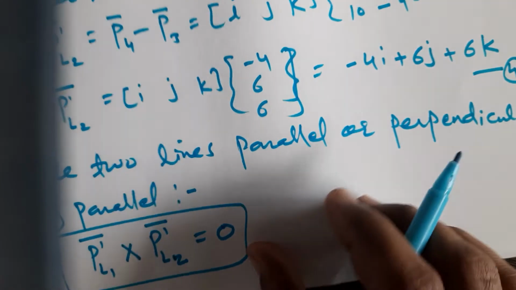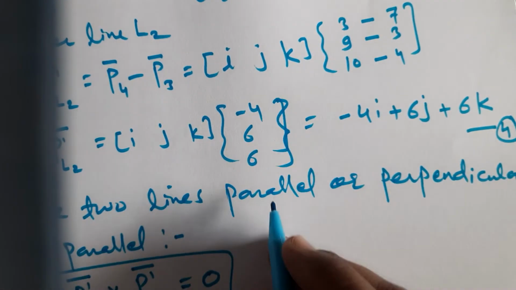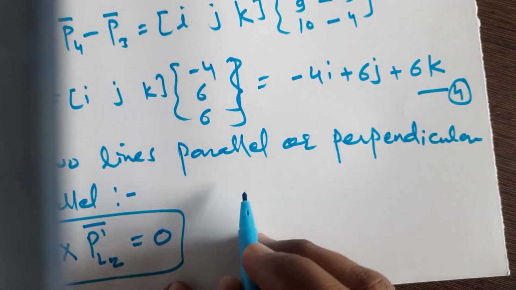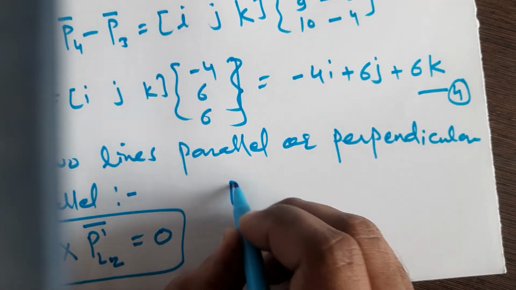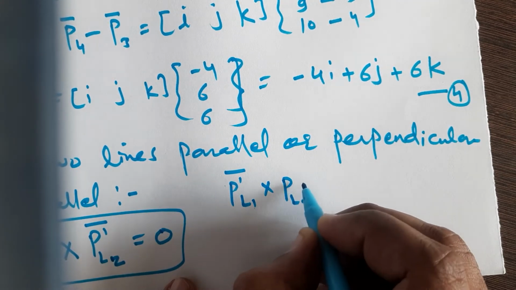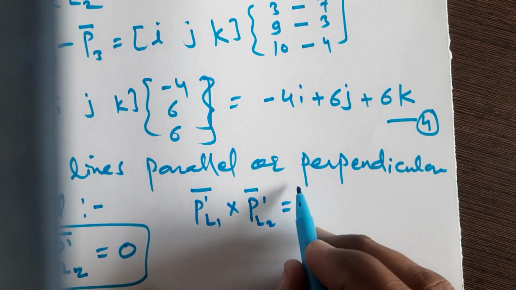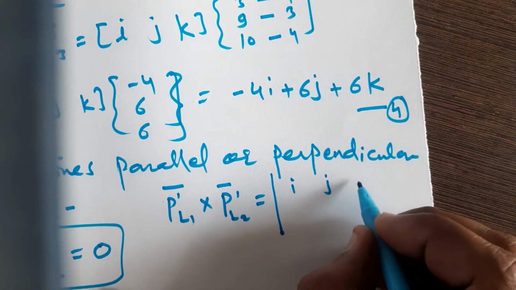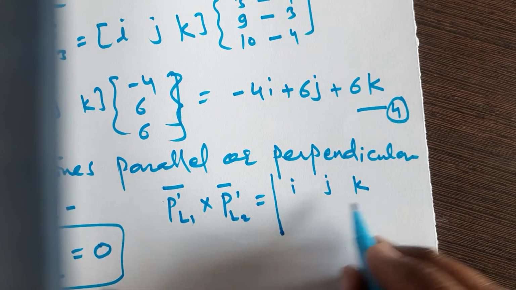Now let us check here. The tangent vectors we will write here. PL1 dash bar cross product PL2 dash bar is equal to, first we write I, J, K, then the coordinates.